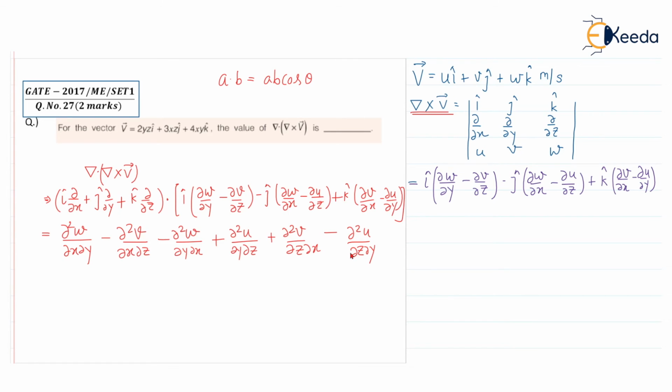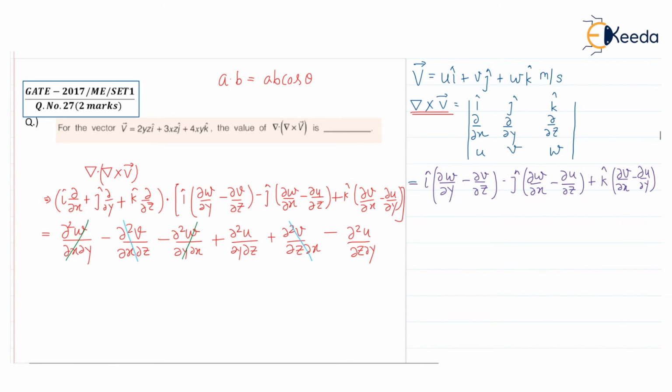Now you can see that all the terms can be cancelled. The first two terms, dou square w by dou x dou y and dou y dou x, cancel. In the second term, dou square v is minus and the other is plus, dou z dou x.